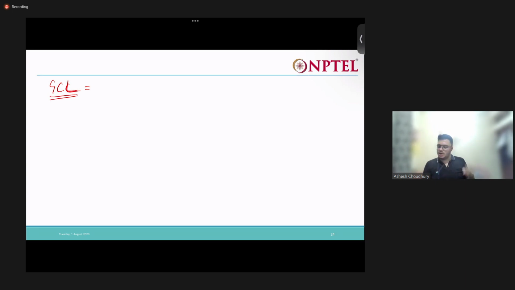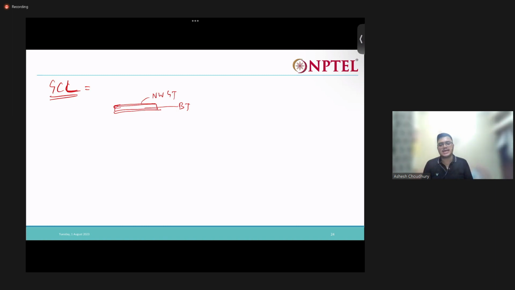So a bentonite core is there, which is sandwiched between geotextile layers, mostly non-woven geotextile. So we have bentonite here, and above and below that we have non-woven geotextile.